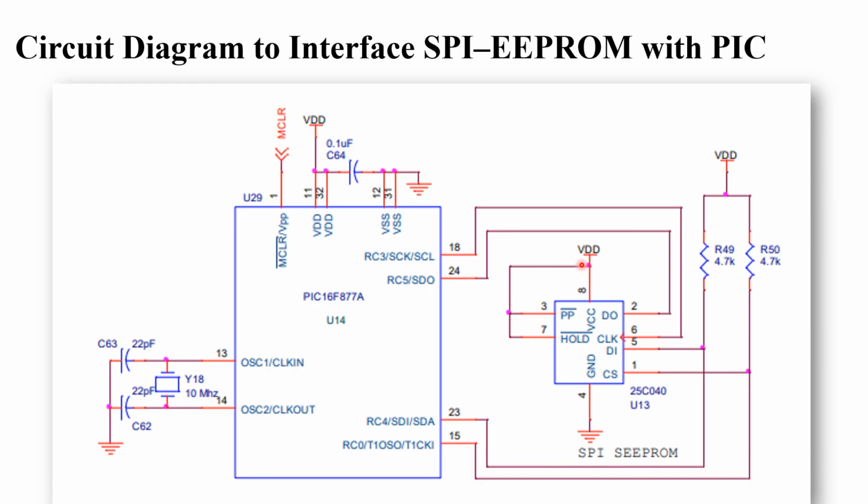Hold means they require a plus 3.3 volt positive power supply. Hold is connected to the VDD. The remaining pins are again connected to the VDD, requiring a particular power supply. So this is the SPI interfacing of EEPROM with the PIC microcontroller, and this is the complete explanation.